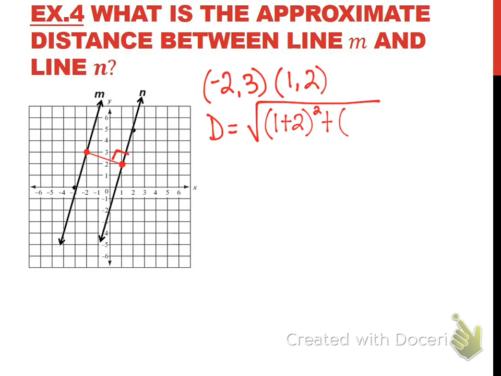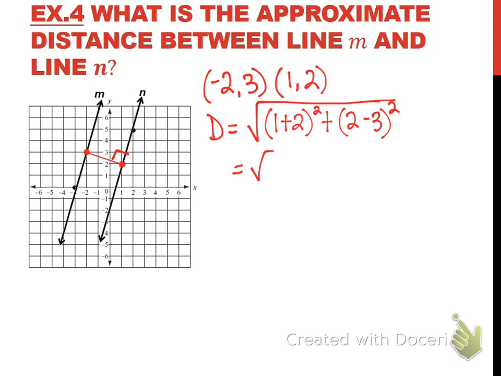Square that plus my y2, 2 minus 3. Good. That gets squared as well. Questions about plugging in? You got to take x minus x and then y minus y. Kind of switching gears from finding slope, where we do the y's first and then the x's.